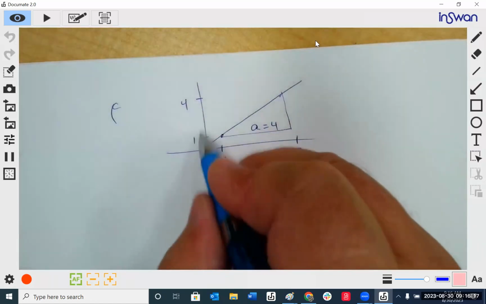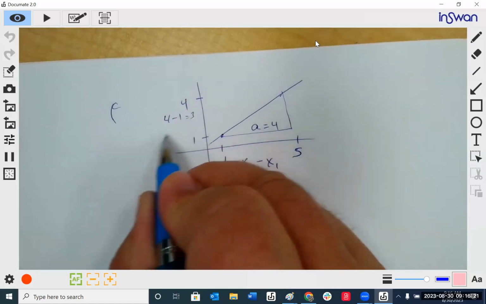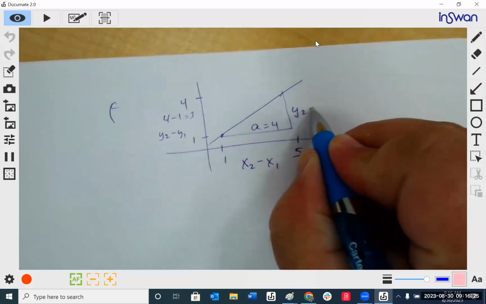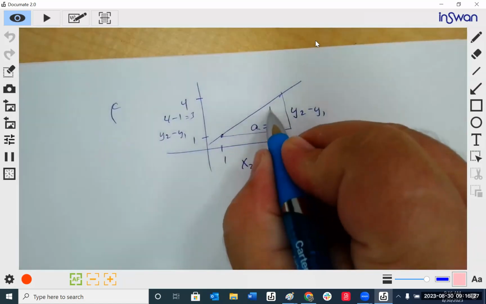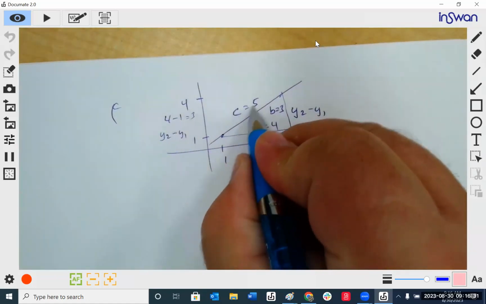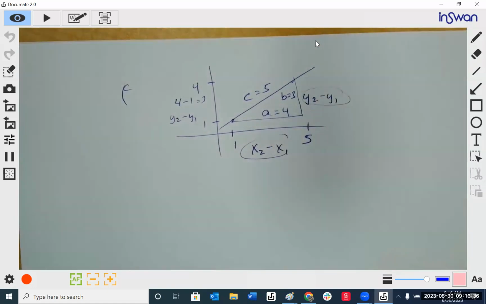Vertically, we went 4 minus 1. This was y2 minus y1. This equals 3. This equals C. Everybody okay with these formulas here?